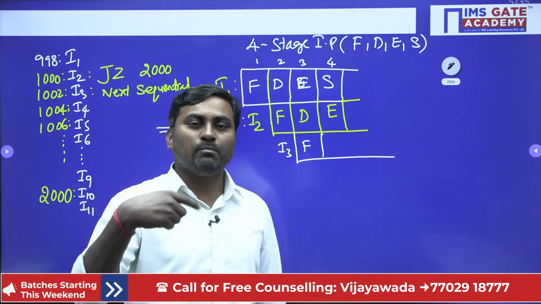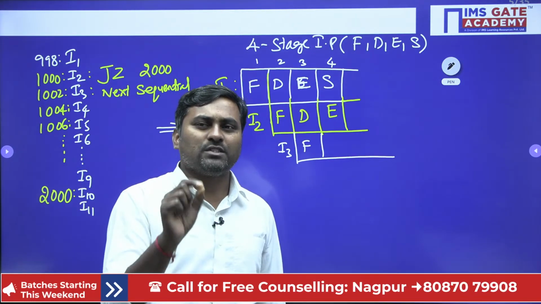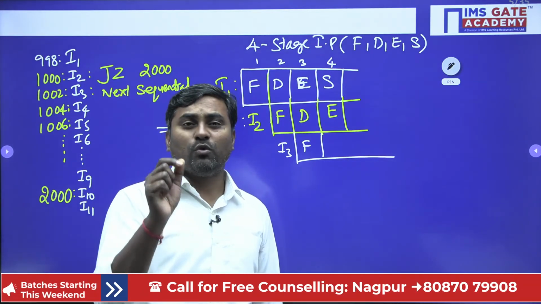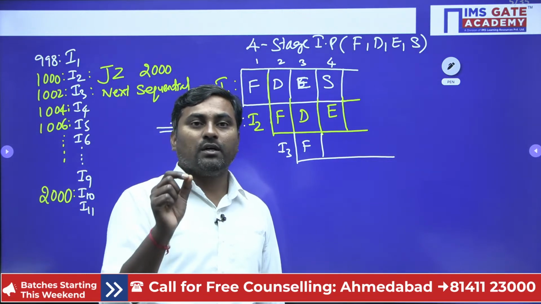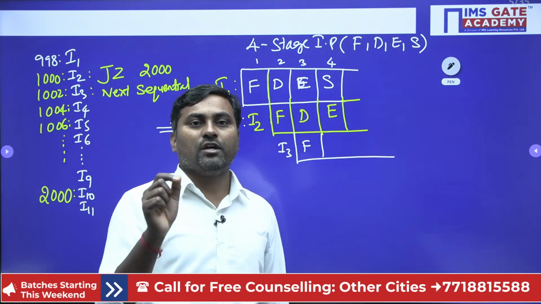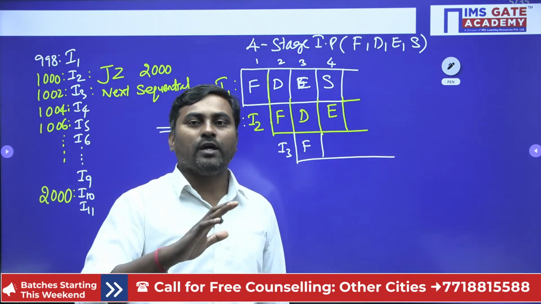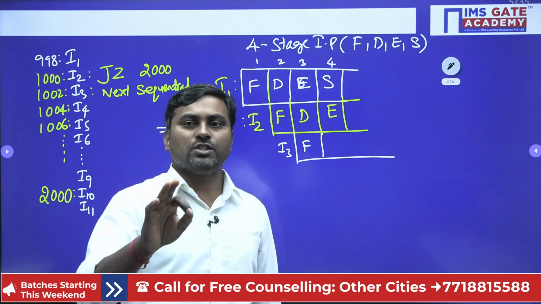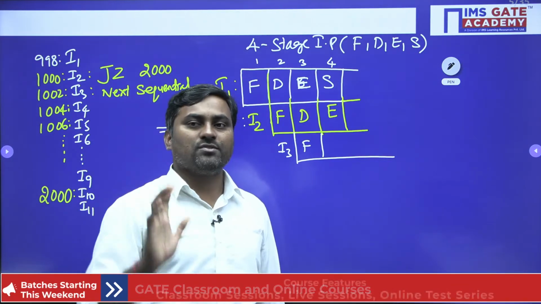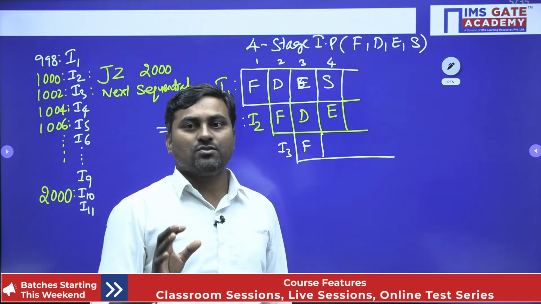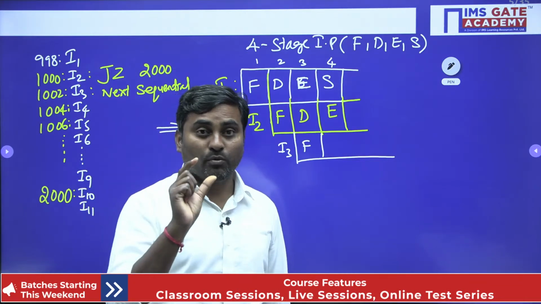You jump to 2000, meaning if the condition is true, you have to fetch the target instruction. When the condition is true, the next sequential instructions like I3, I4, I5 are not required to be executed; only the target address instruction needs to be fetched. I hope my point is clear.